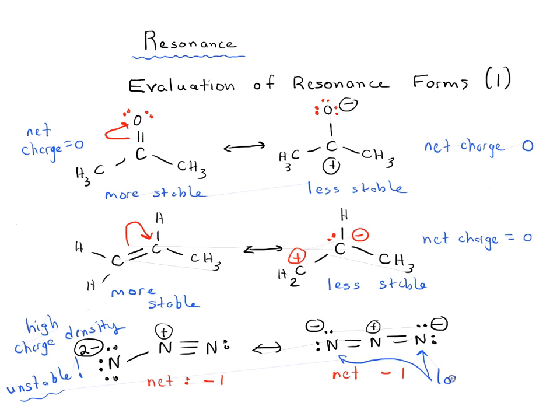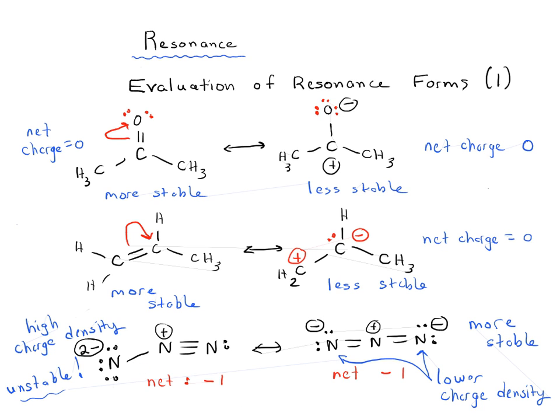There's definitely a lower charge density. So they're going to be more important for the resonance contributors. This is going to make more of a contribution. So more stable, and so that's less stable.